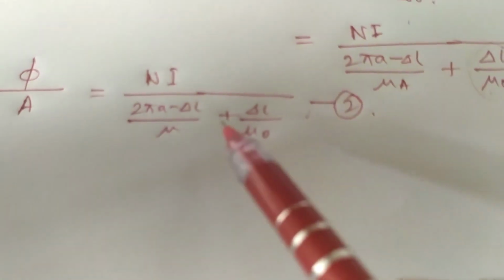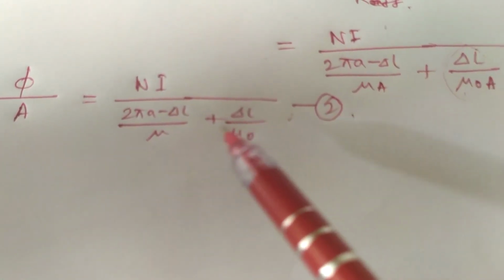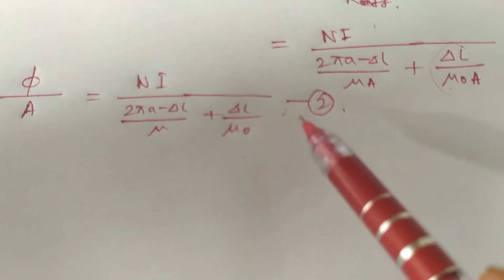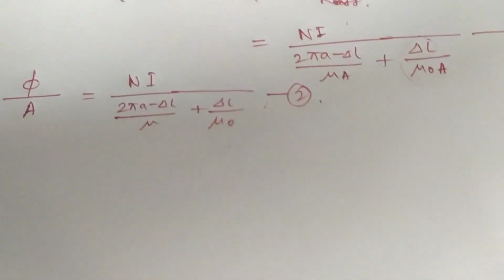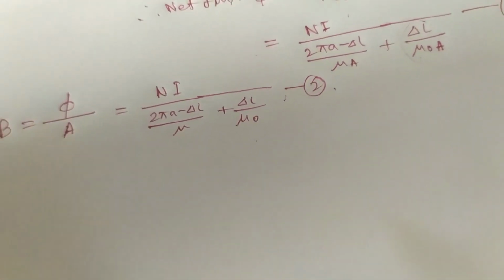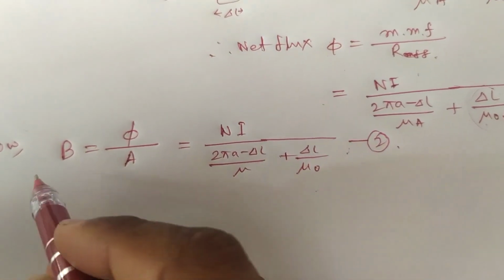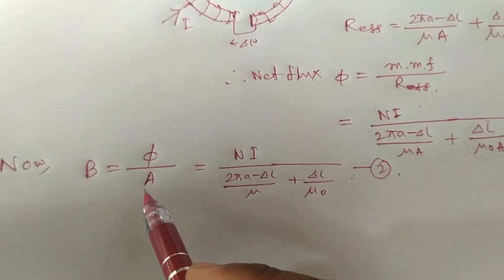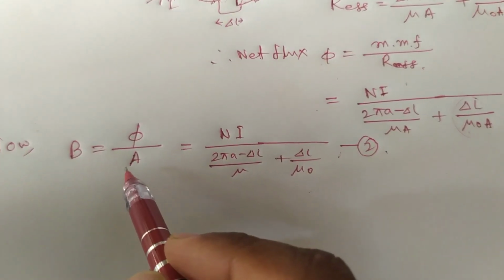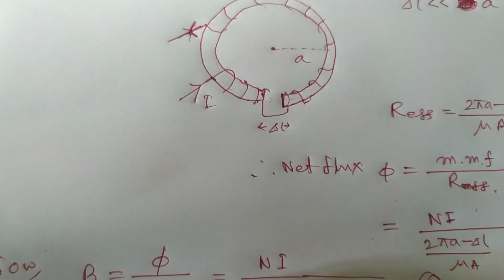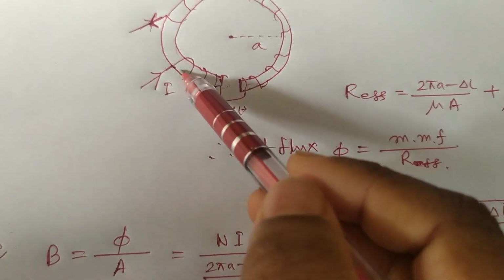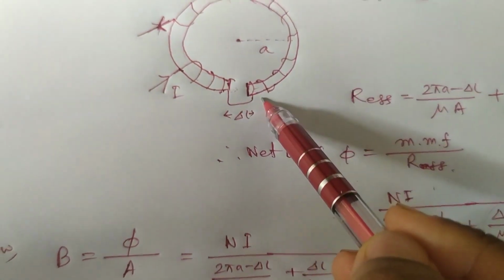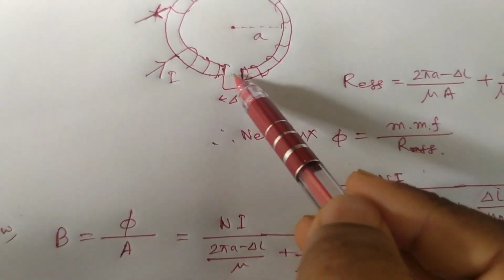Clear? A has been cancelled out. This is the expression for B, and it will be the same both in the material of the ring and in the air gap, because this portion is very negligible.